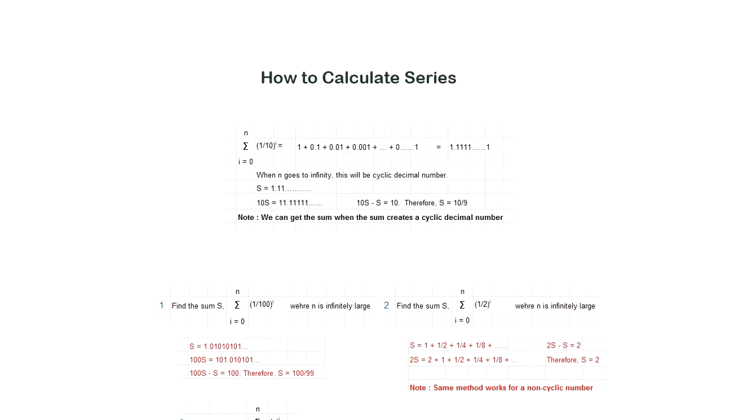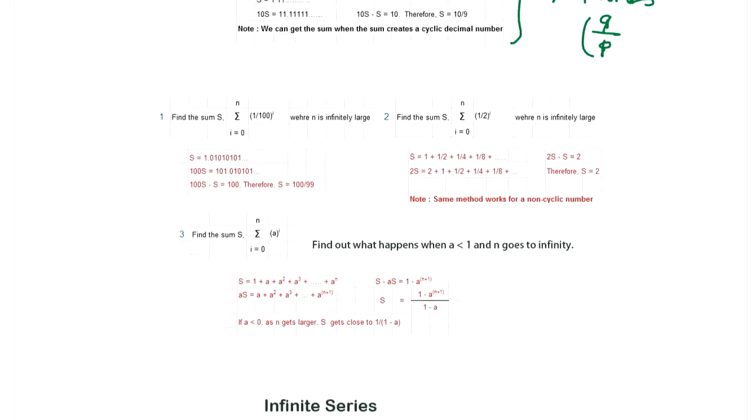Now, this cyclic decimal number, probably you learned this already. A cyclic decimal number can be a rational number, meaning the ratio of integers. This is going to be a review.